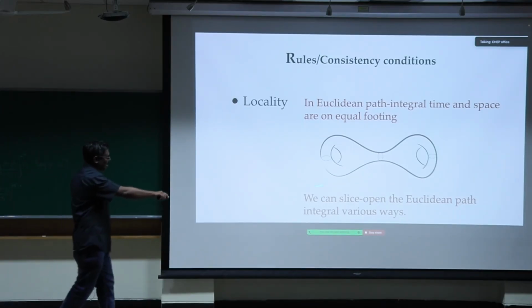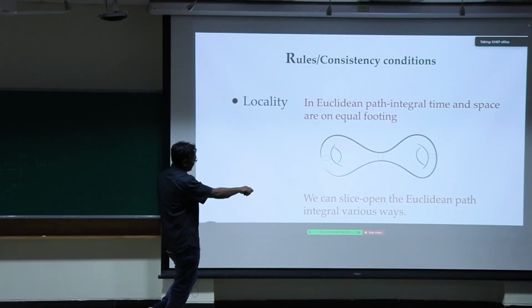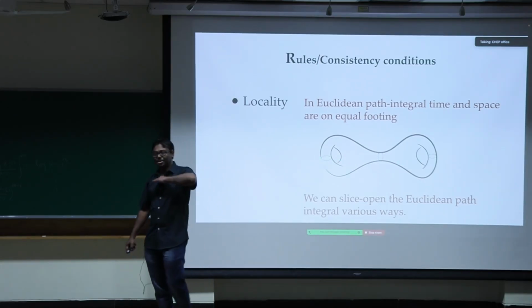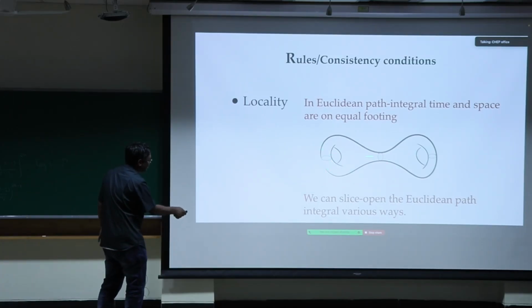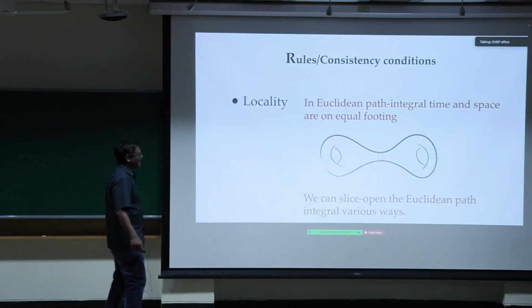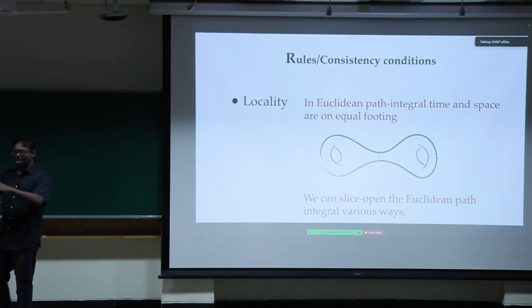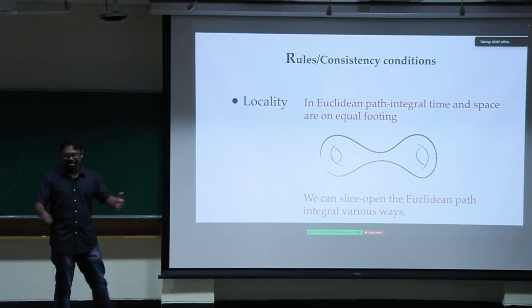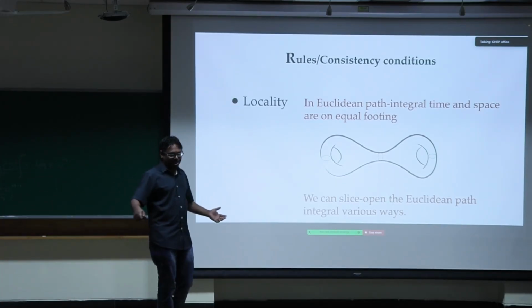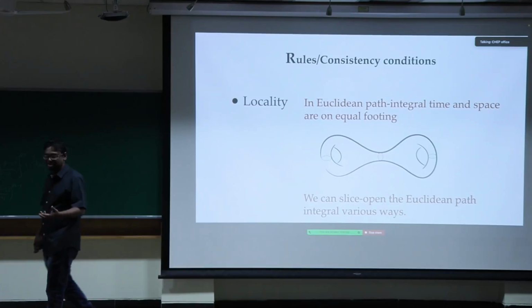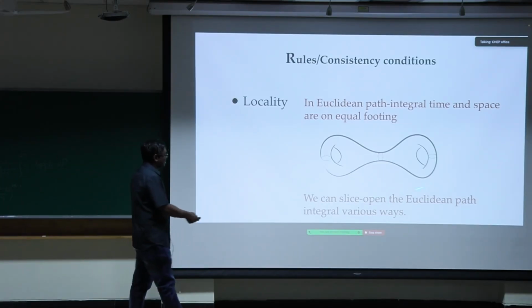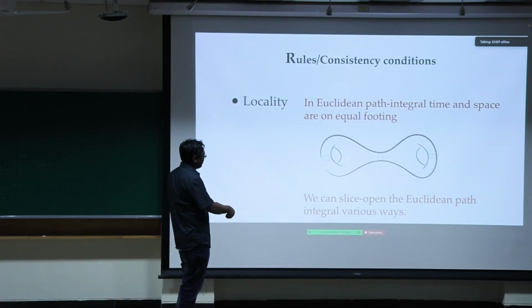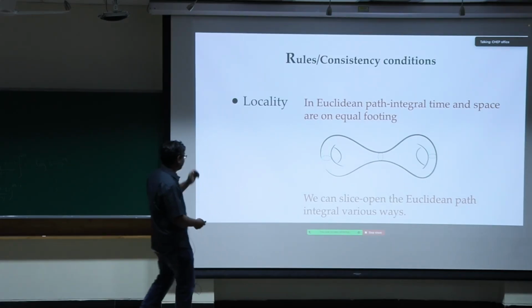You can slice open this Euclidean path integral in various ways, like this, or this, and insert a complete set of states which propagates along the local time direction. So in this way or this way or this way. And the idea is that opening this path integral in various ways provides you various non-perturbative expansions, and all those expansions should match with each other and should give you the same answer. And so that's our consistency condition. So you will see this in terms of the torus a couple of minutes later.